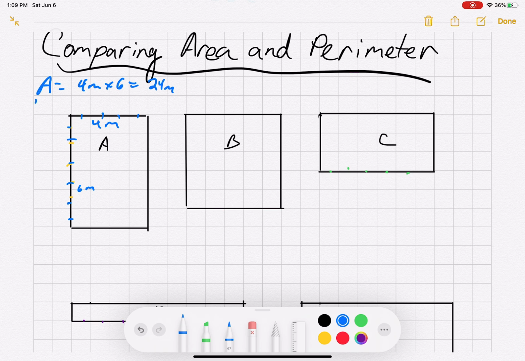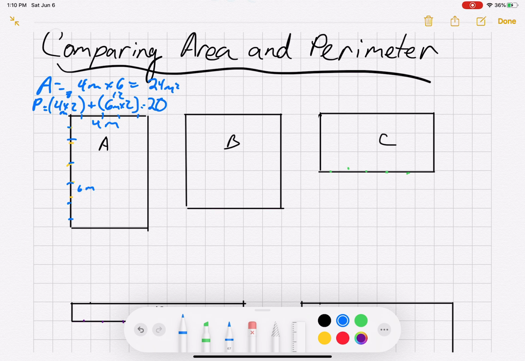Okay, now the perimeter is going to equal 4 times 2, which is 8, right? Plus 6 meters times 2, which is 12. And then I'm going to add those together, and it's going to be 20. Oh, I forgot to put the squared.